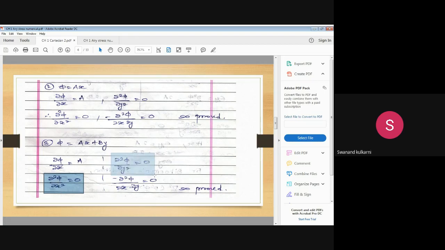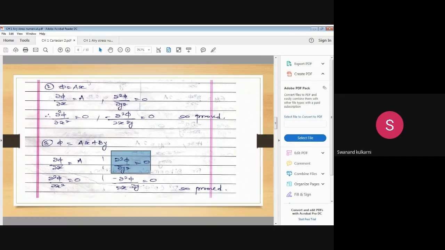Now similarly here, if we take ∂²φ/∂y², in this particular equation ∂φ/∂y, differentiating with respect to y, this particular term will become 0, and this will become only B. Again in the second differentiation, ∂²φ/∂y² is equal to 0 here.